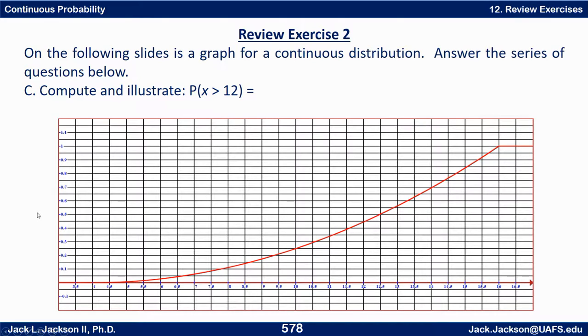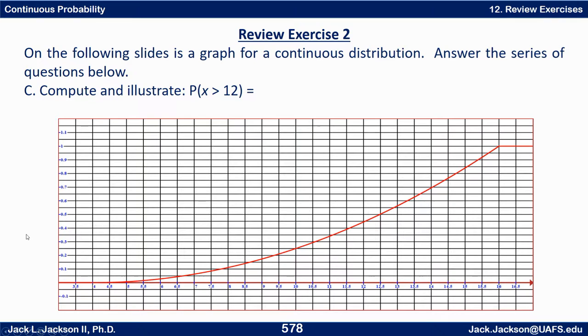All right, how about the probability that x is greater than 12? What is that probability? Again, press pause, work it out. Okay, well, that probability is 1 minus the y value here, or it's the distance from the graph up to y equals 1. So we find 12 on here, go up and figure out what the y value is.